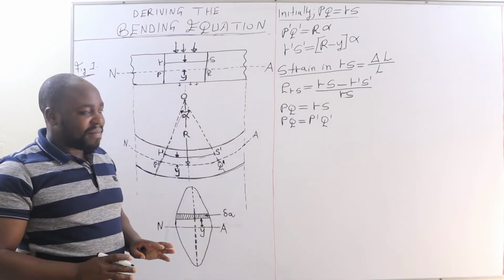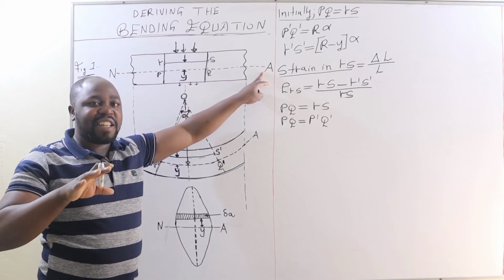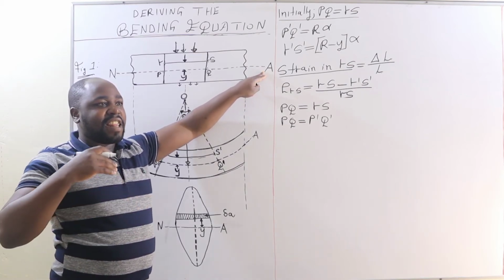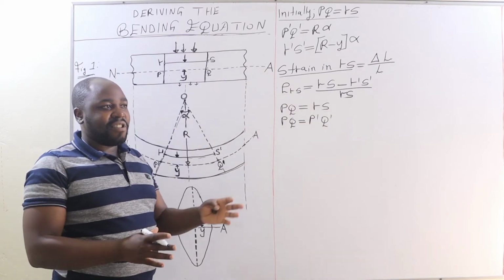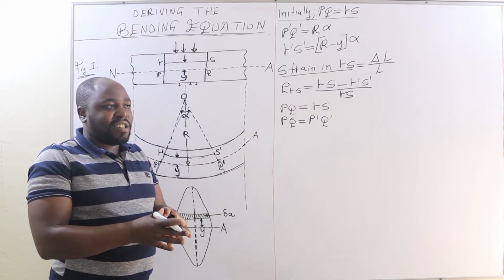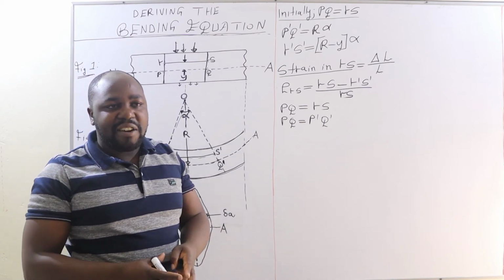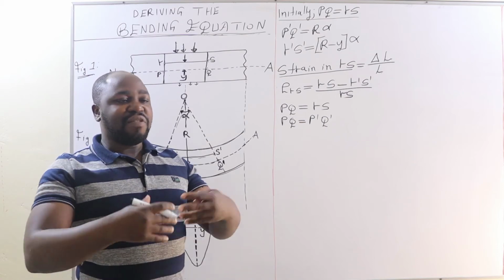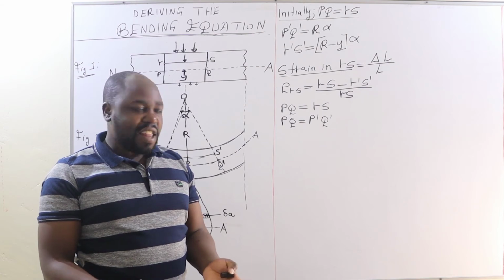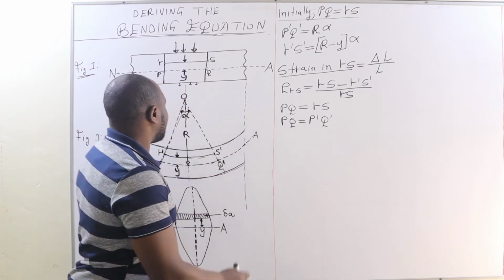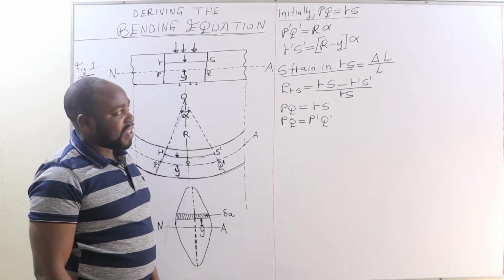The reason being, PQ is at the neutral axis, and at the neutral axis the beam is not subjected to any stress, which means there is no strain, no deformation, no change in length, no change in dimensions, and therefore PQ will be equal to P prime Q prime.